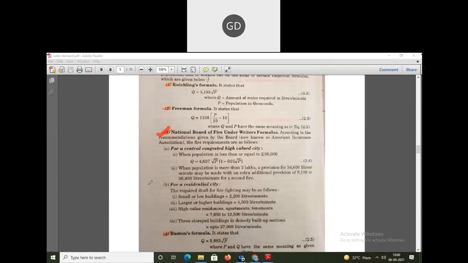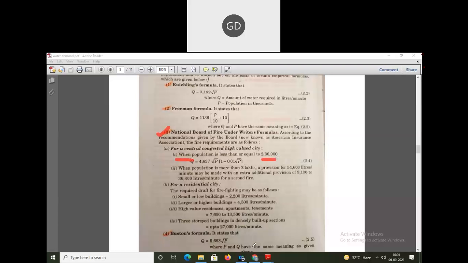Here they have mentioned the population, that if the population is less than or equal to 2 lakhs, then you will be using this formula.